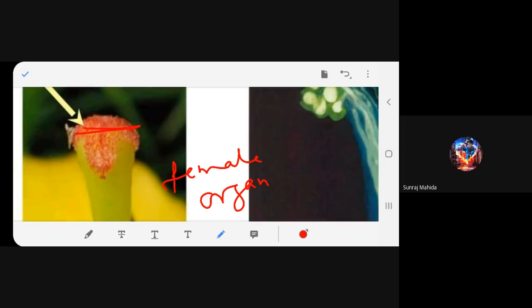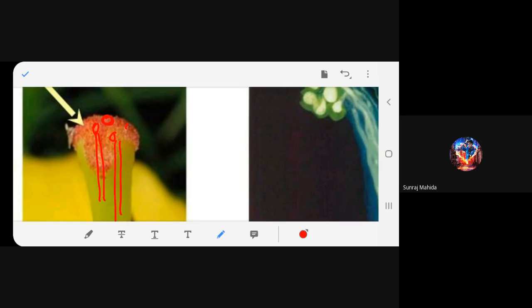The upper portion is called the stigma. It is sticky, like a gummy substance, but it has lots of nutrients for the pollen to germinate. If many pollens drop over here, only a few pollens will form the tube inside the style. Got it now?